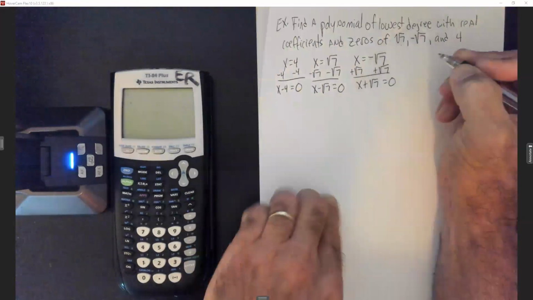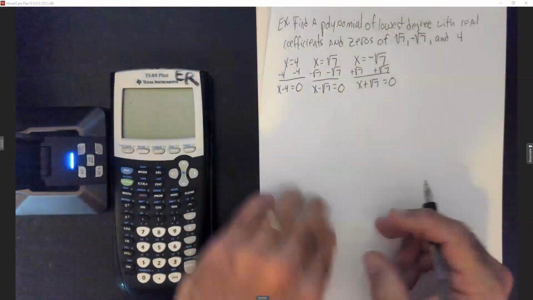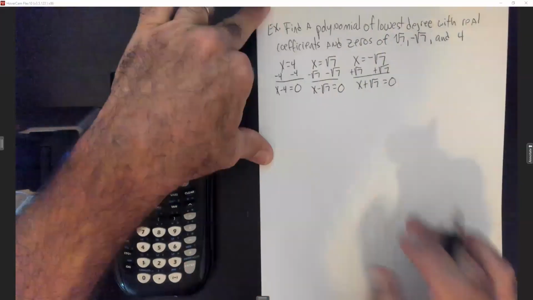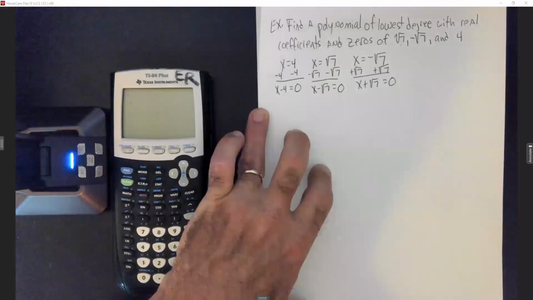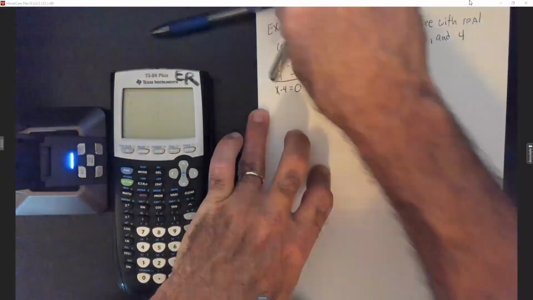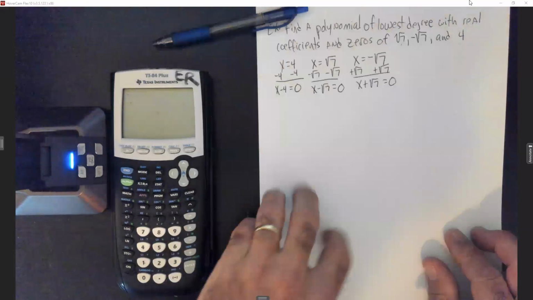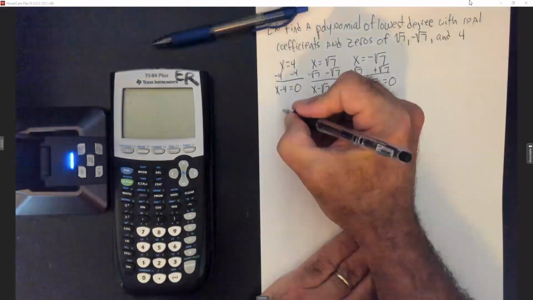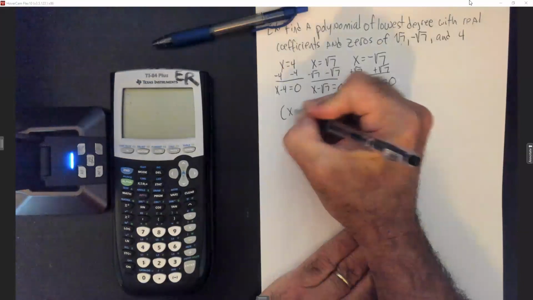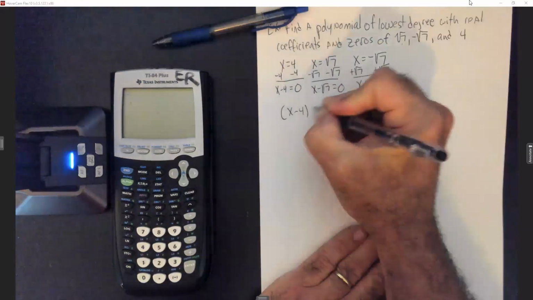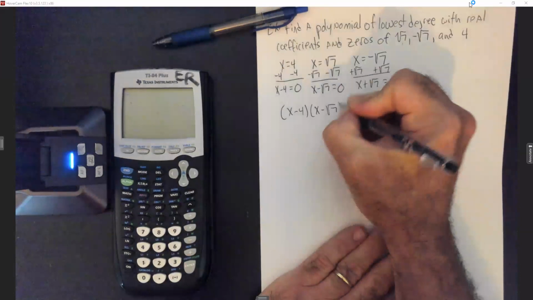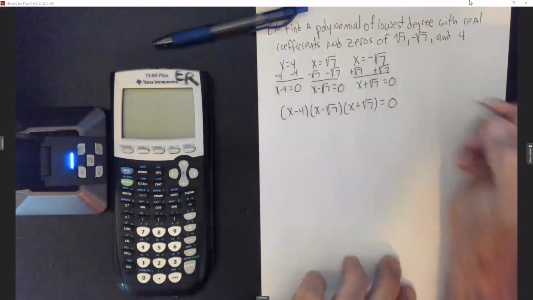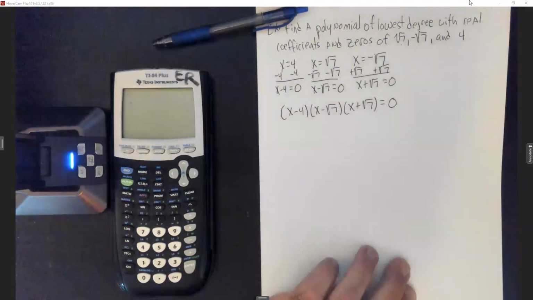So if you notice, I was talking about a lot of foiling today, and y'all, that's all we've done is foiled, right? All right, so let me put something there to hold my paper down. How about that? All right, so put them all in parentheses, equal to 0. And now is the fun part.